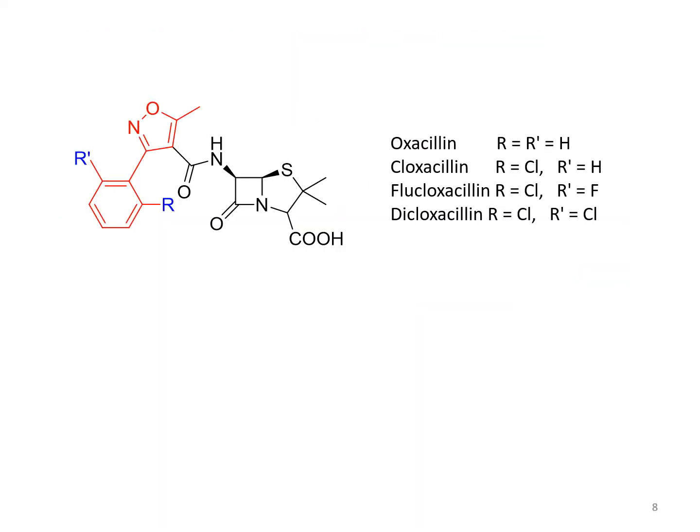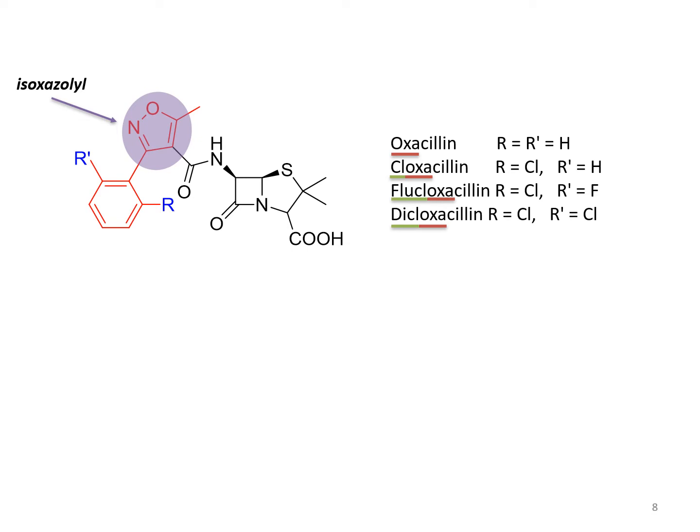The third group includes oxacillin, cloxacillin, flucloxacillin, and dicloxacillin. The oxa is derived from the isoxazolyl ring, which is a bioisostere of benzene. The prefixes clo, flu, and diclo refer to the nature and number of halogen substituents on the benzene ring.